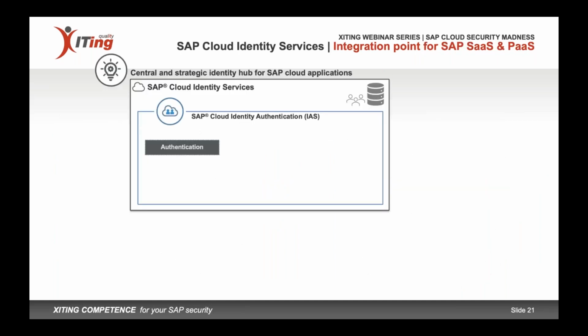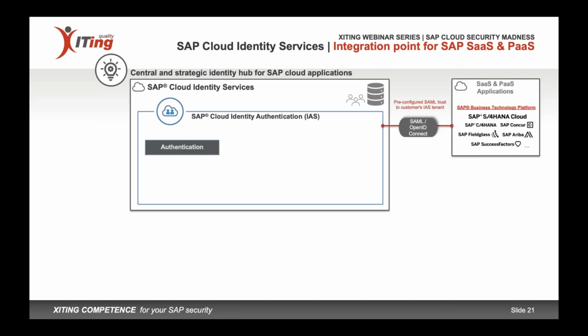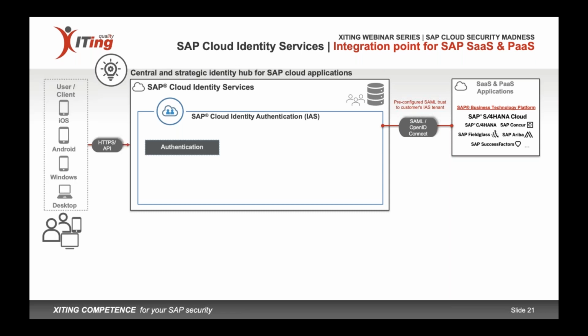So let's start with that picture showing more or less the complete overview of the authentication service. First of all, as I said, we have a lot of cloud applications in the SAP universe. They come, in the best case, pre-configured and pre-connected to your identity authentication tenant. And you have your users on the left side who would like to reach the cloud applications. So now you have to think about how you really handle your users.